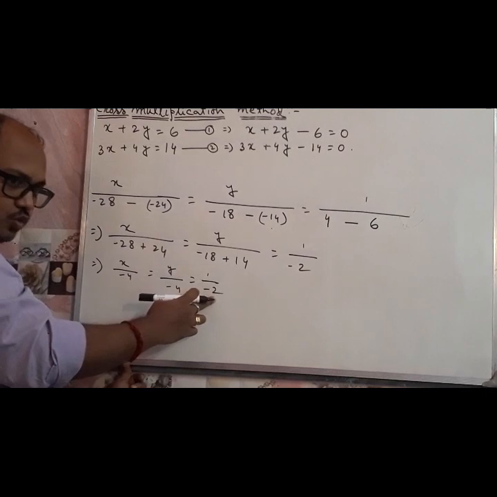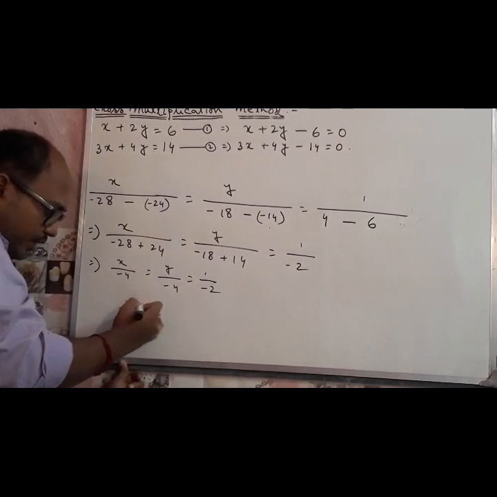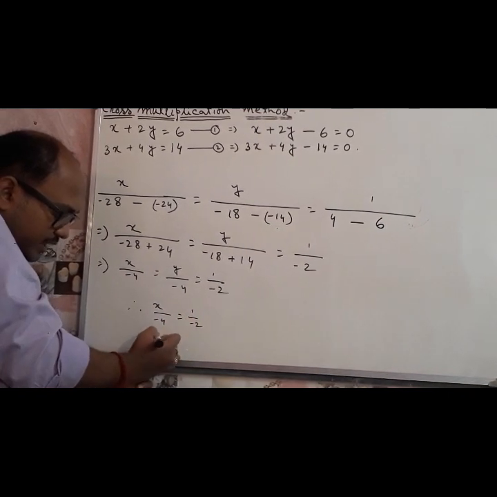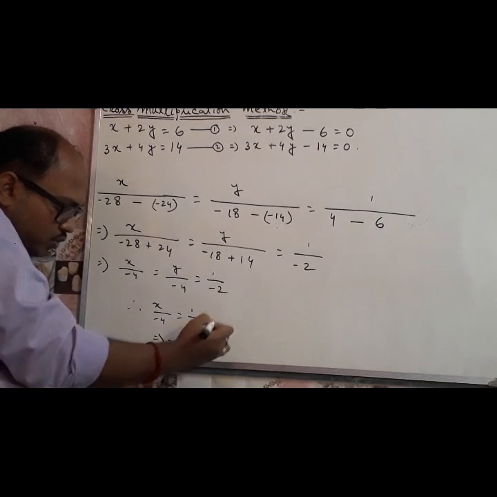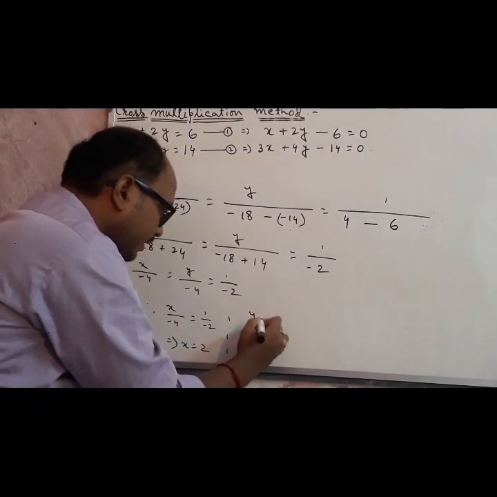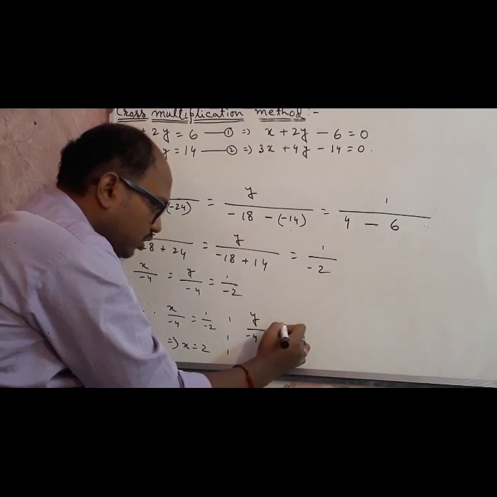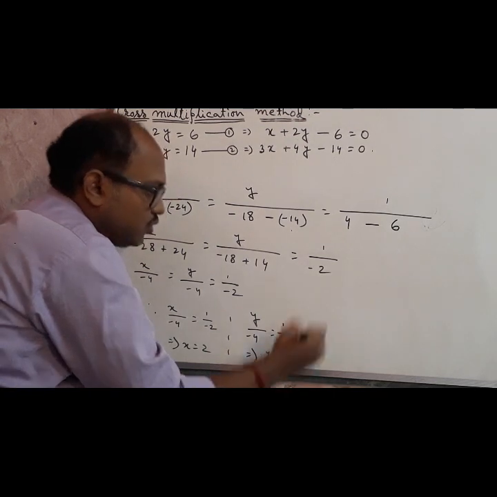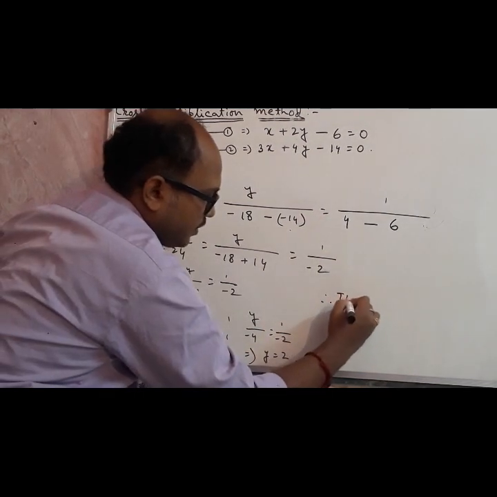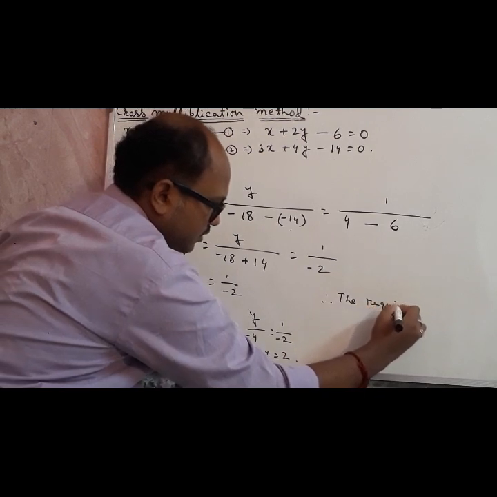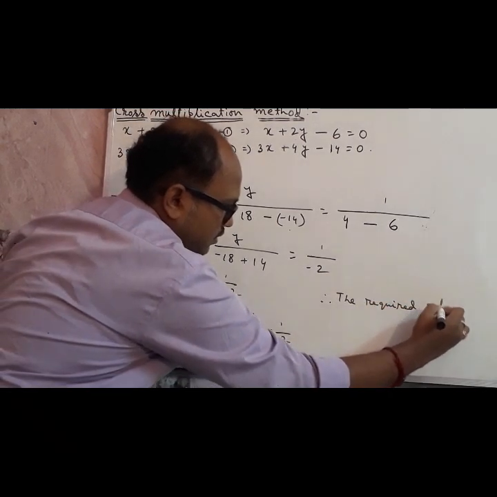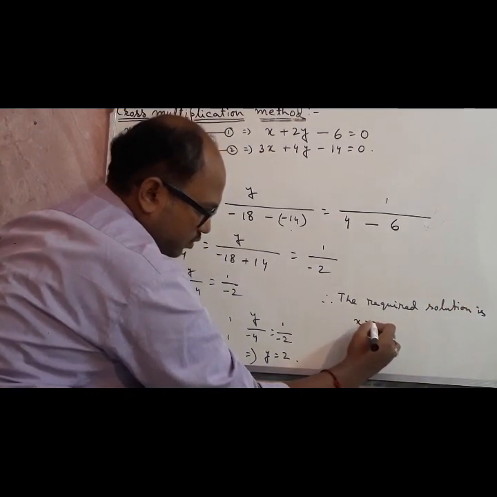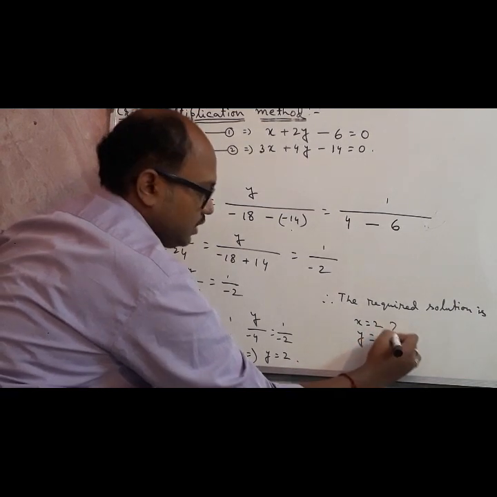Now comparing these two, x by minus 4 is equal to 1 by minus 2, cross multiplying, x is equal to 2, and y by minus 4 is also 1 by minus 2, which implies that by cross multiplication y is equal to 2. Therefore the required solution is x is equal to 2 and y is equal to 2.